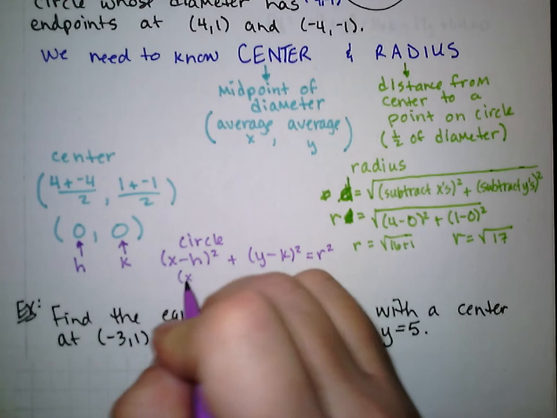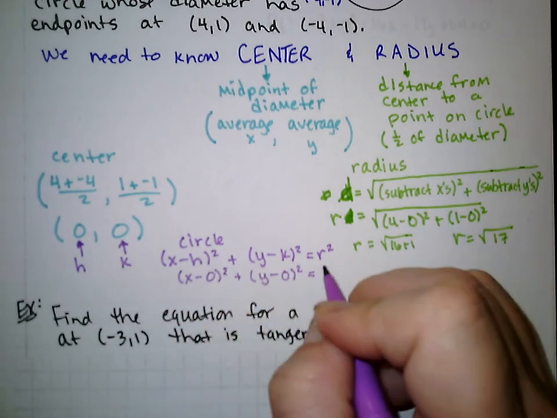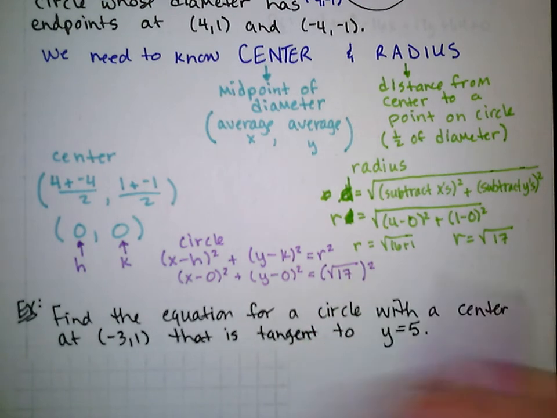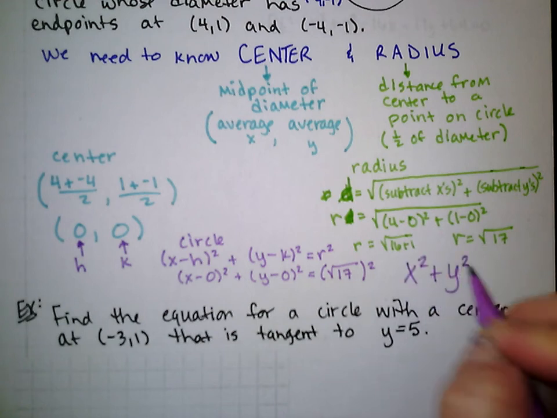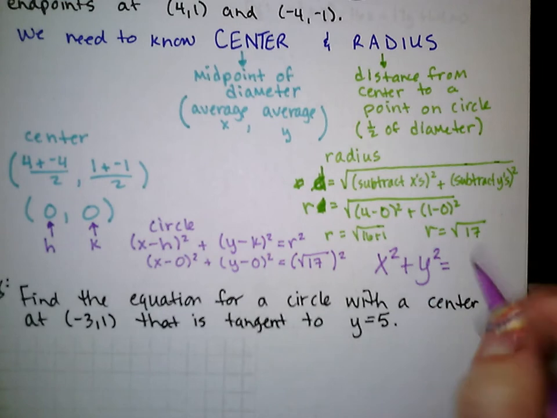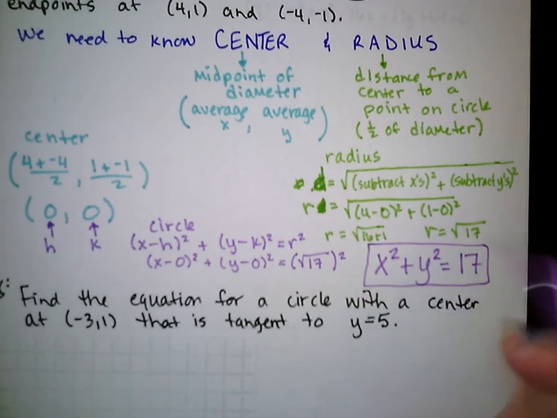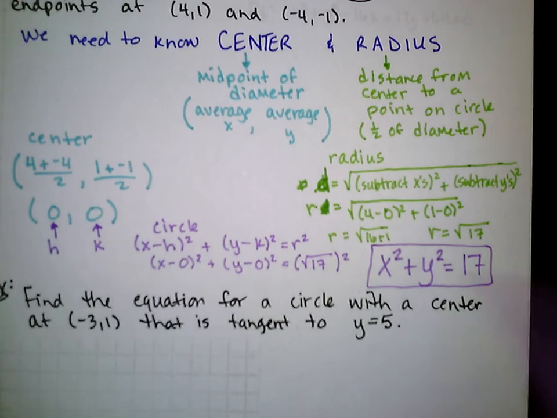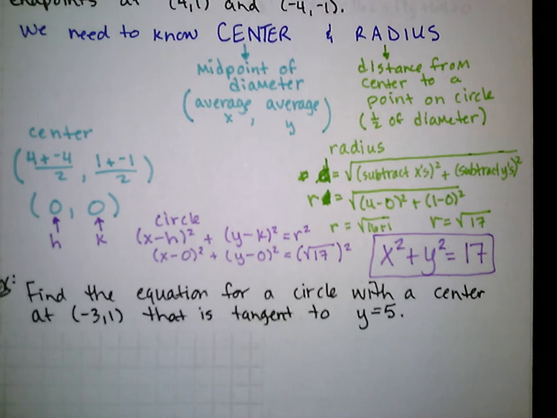So we'll have x minus 0 squared plus y minus 0 squared equals r squared, which ends up giving us x squared plus y squared equals square root of 17 squared, which is regular old 17. So there's the equation for our circle in standard form. If they wanted it in general form, I would subtract the 17 over and make it x squared plus y squared minus 17 equals 0.